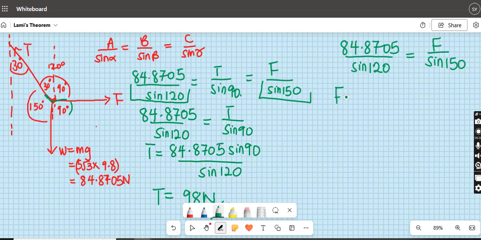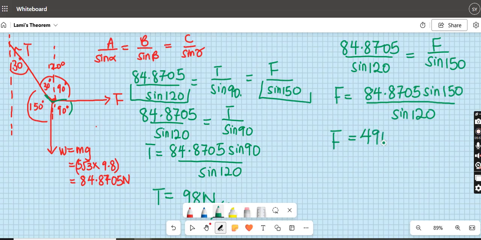If we make F the subject, we have 84.8705 times sine 150 all over sine 120. If we compute this, we should get F to be 49 newtons. So we can conclude that the tension in the string is 98 newtons and the horizontal force is 49 newtons. Good.